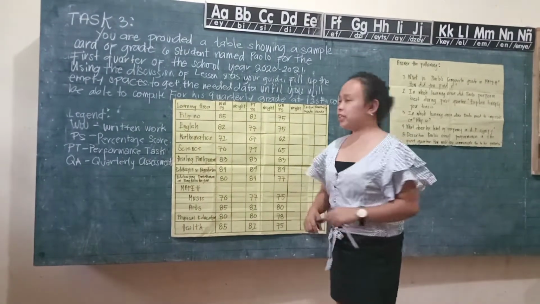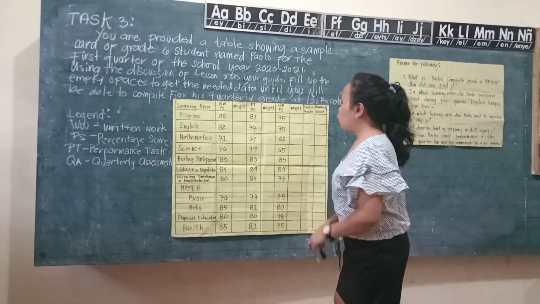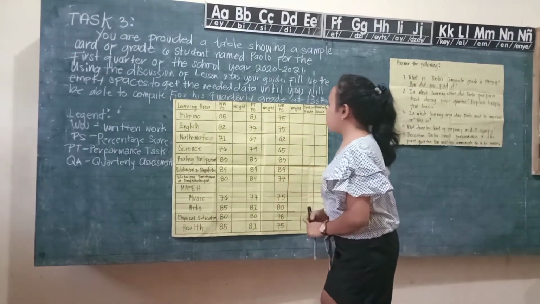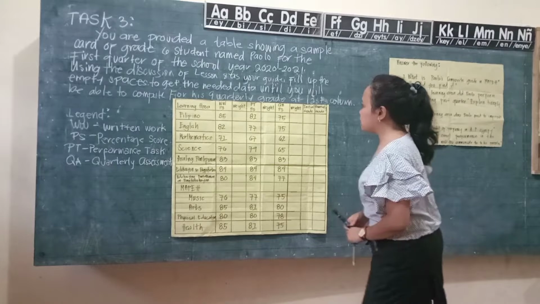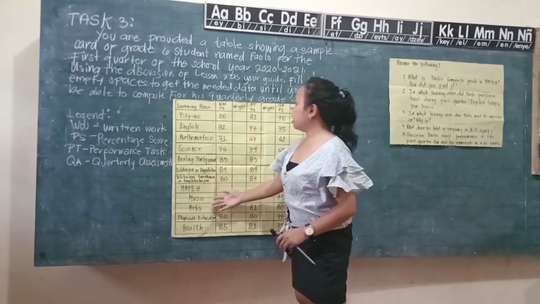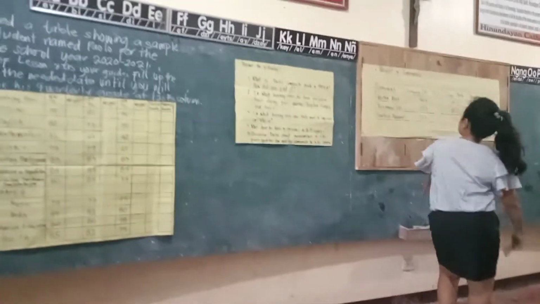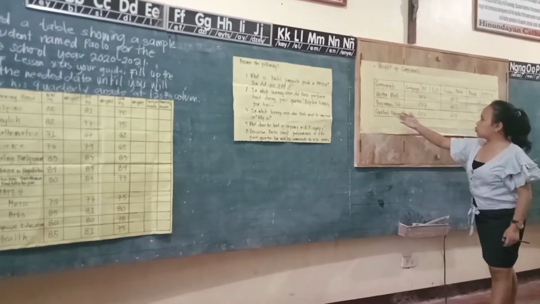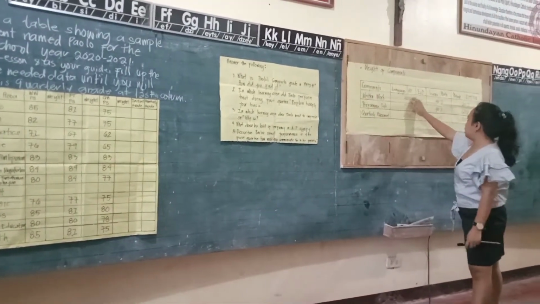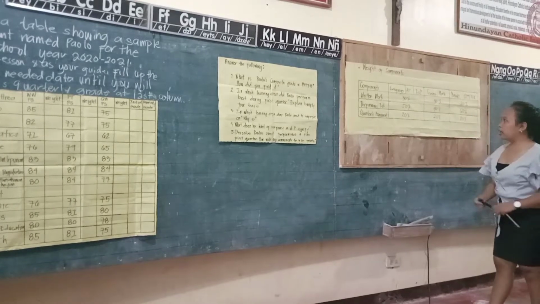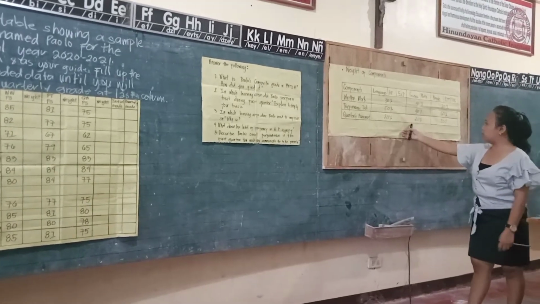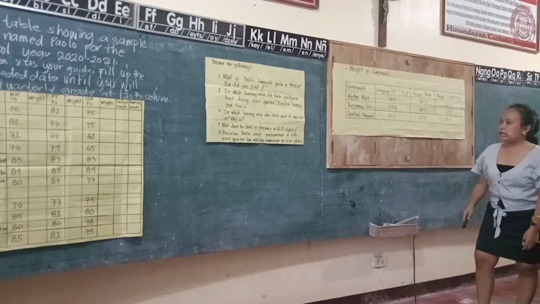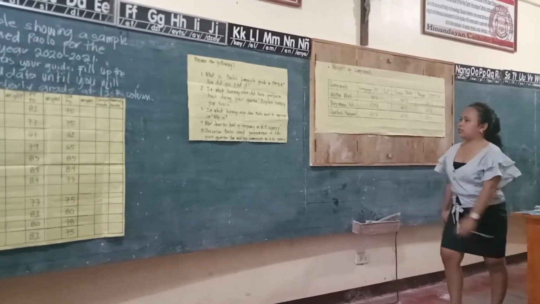So, in order to get the weighted score, we need to first find the weight of component of the different learning areas, and we will base on the weight of components in written work, performance task, and quarterly assessment. So this is where we're gonna base for our weight of components.